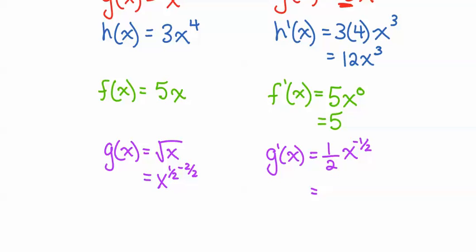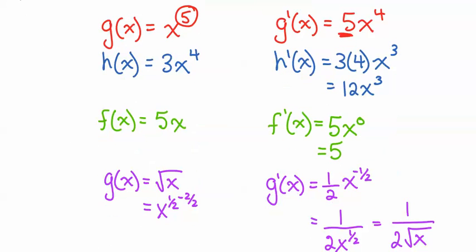If we have a negative exponent, we want to move that to the denominator. So it becomes 1 over 2x to the 1/2 to make it positive. And then we know that fractional exponents can be turned into roots, so a half is just the square root of x. So there you go. That is the constant rule and the power rule.